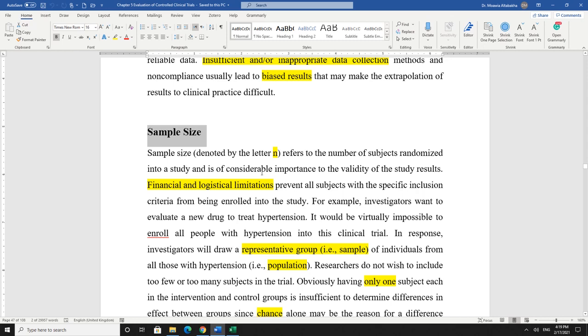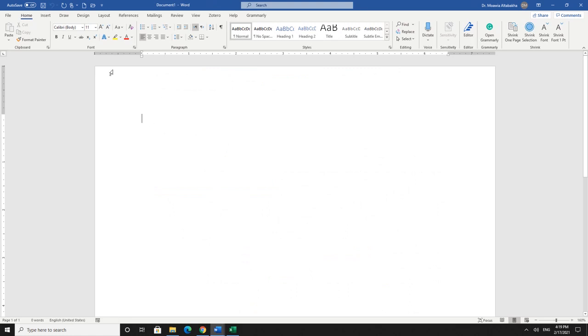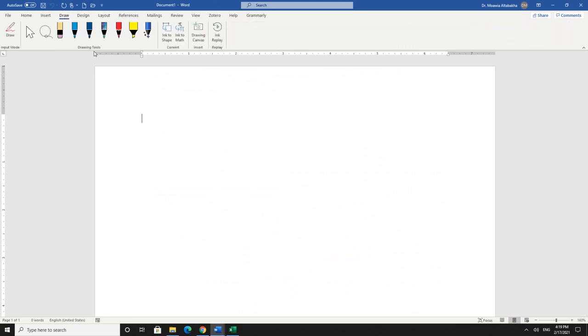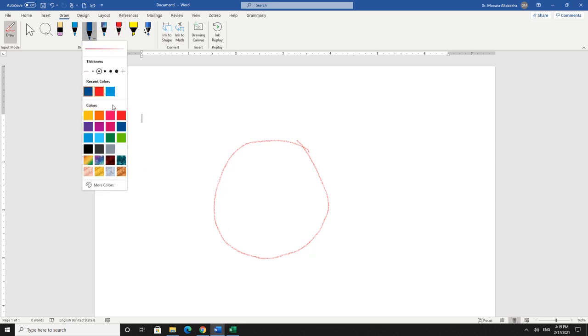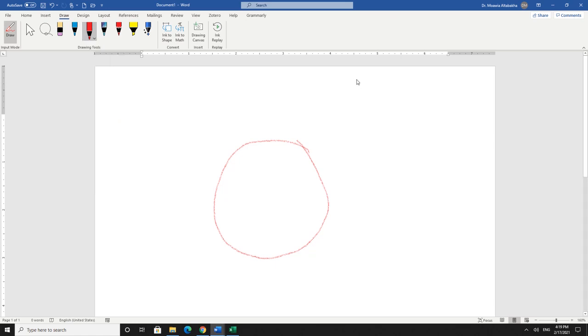Now, what about the size? How much do I take? Let me first illustrate this to you by drawing something. Okay, I will draw the following. Okay, let's say this is my population.